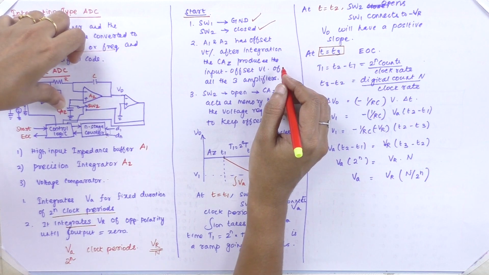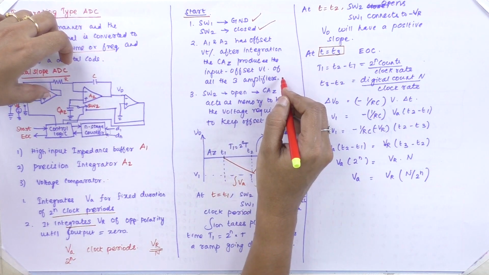As we know, when we apply an input voltage of 0, we expect the output voltage to be 0, but in this condition we can't say that V0 will be 0 volts. So we make adjustments as auto zero corrections.